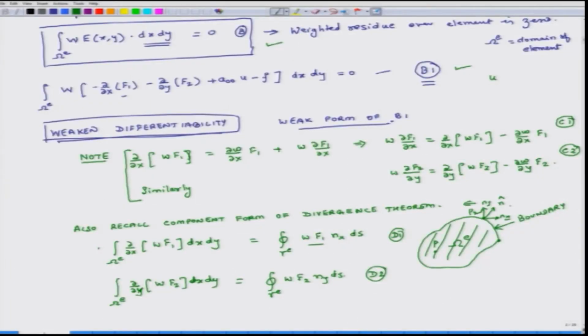So, I calculate at every point nx, I multiply that nx with f1 at point p2 and also by w at point p2 and by a small length, this is ds. I do these computations all along the boundary.